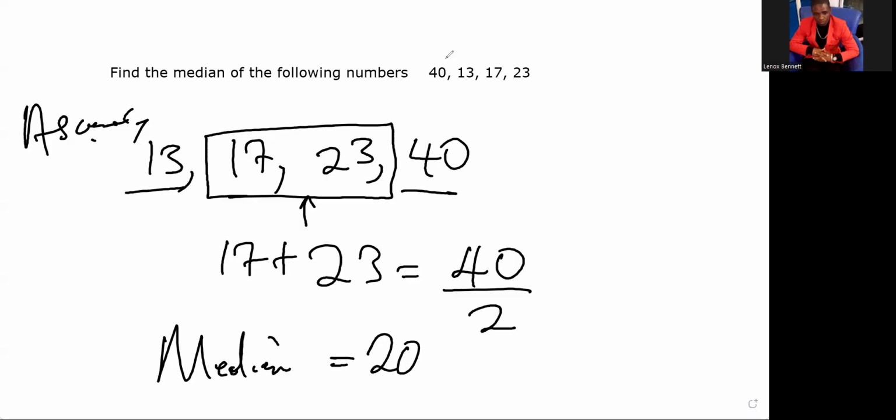When Orlando said it's two numbers, so you divide by 2, not by 4. Even though it's 4 numbers in total here, remember, only these two we're focusing on to give us the median. Because both of them are in the middle, we share it equally. One is 17, one is 23. So we share it.